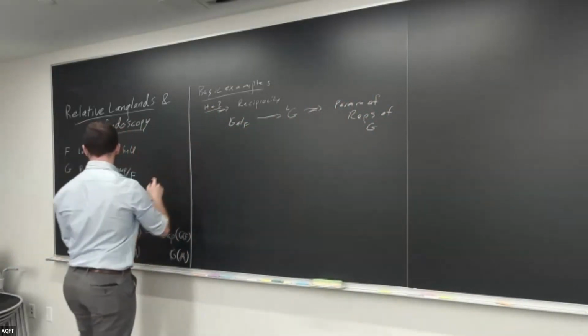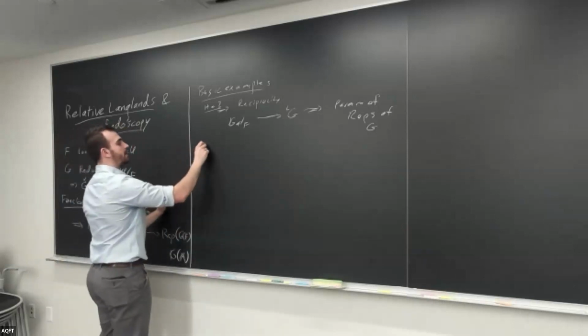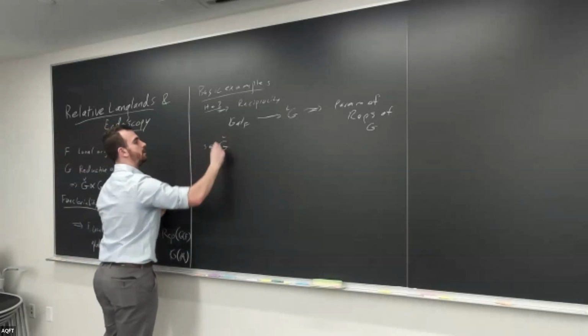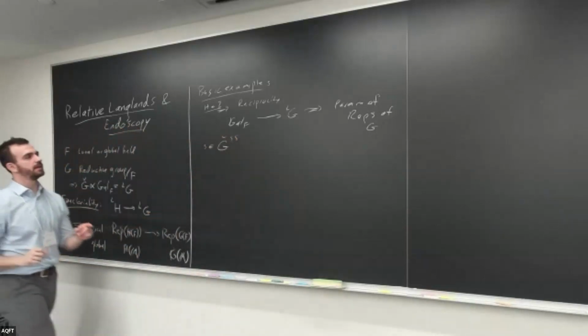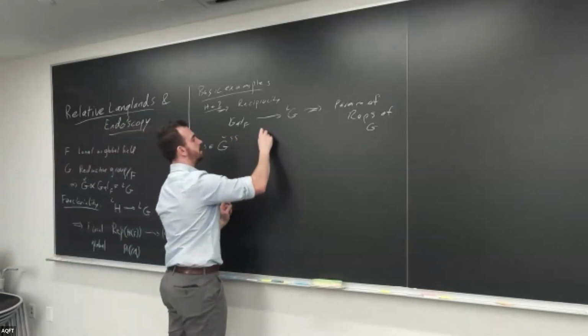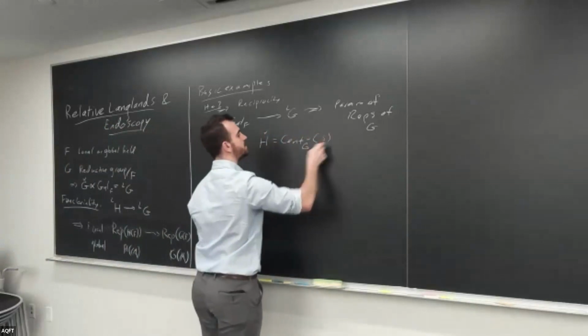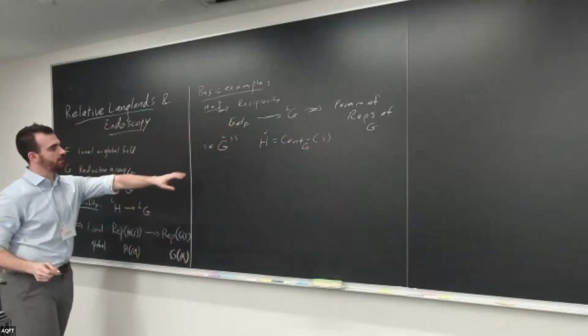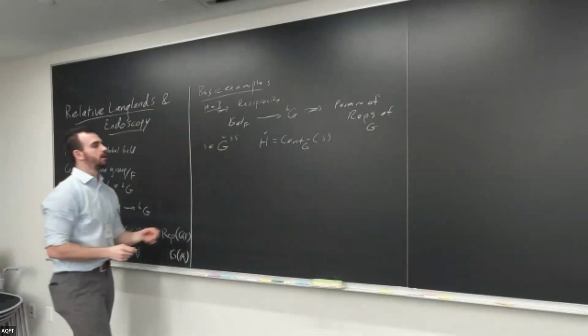The other basic example is when I take a centralizer. So I'll take S to be a semi-simple element in this complex group, and then I take H to be the centralizer of S. And maybe I want to assume some properties of how S interacts with the Galois action.